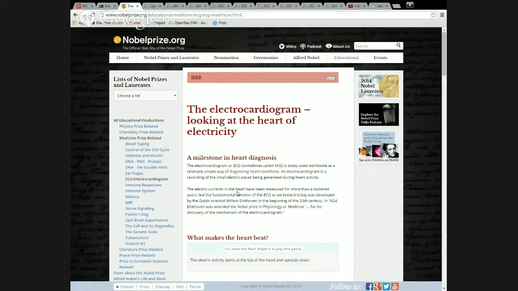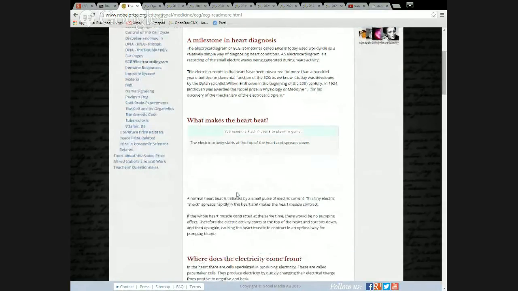And it just sort of goes through and talks about all the stuff that I just explained. One thing that I was hoping for, or one thing that's always worked in the past, and I don't know why it's not working now, right here where it says you need Flash Player 6 to play this game, actually what should be there is not a game, but an animation.